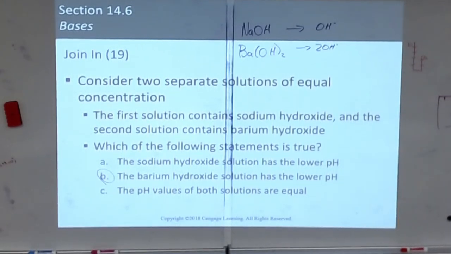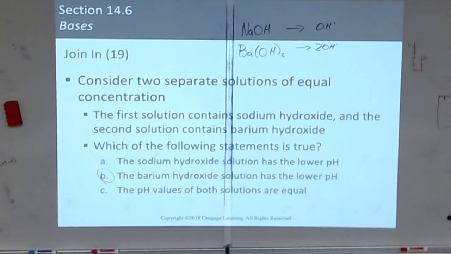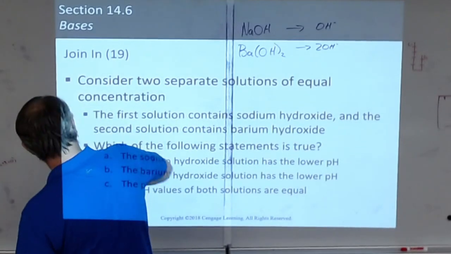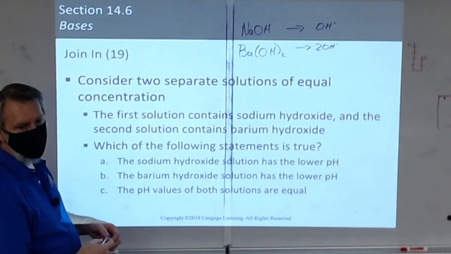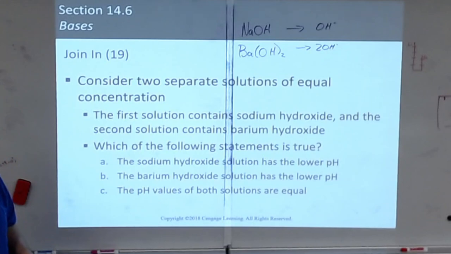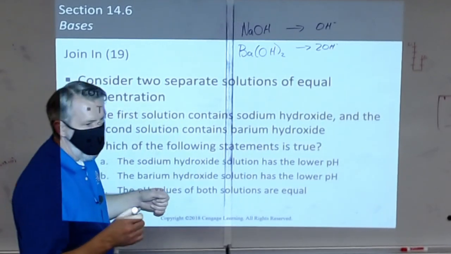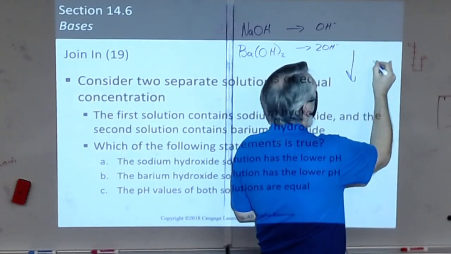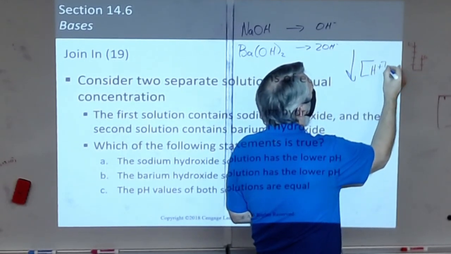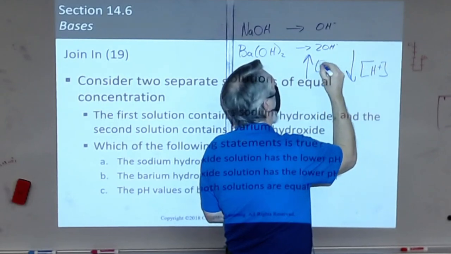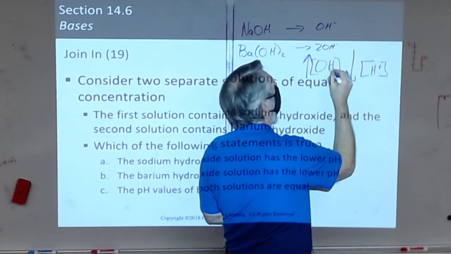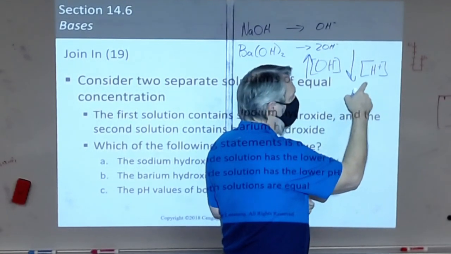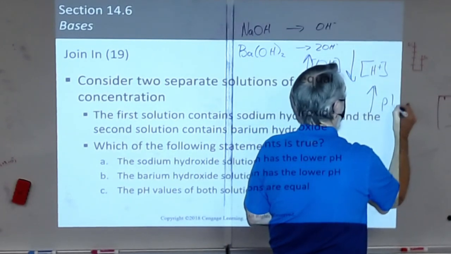Wait, no, it's not B, it's A. Why? Barium has more hydroxide, a higher hydroxide concentration and a lower hydrogen concentration, meaning its pH is going to be higher, because of the inverse relationship. So I'm going to have a higher pH. There we go.